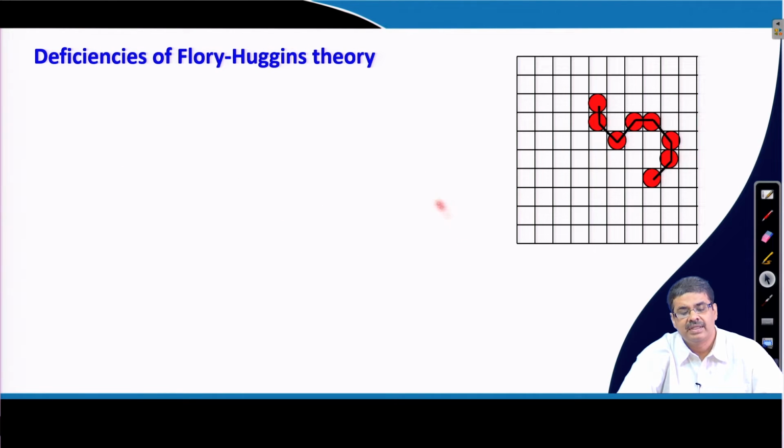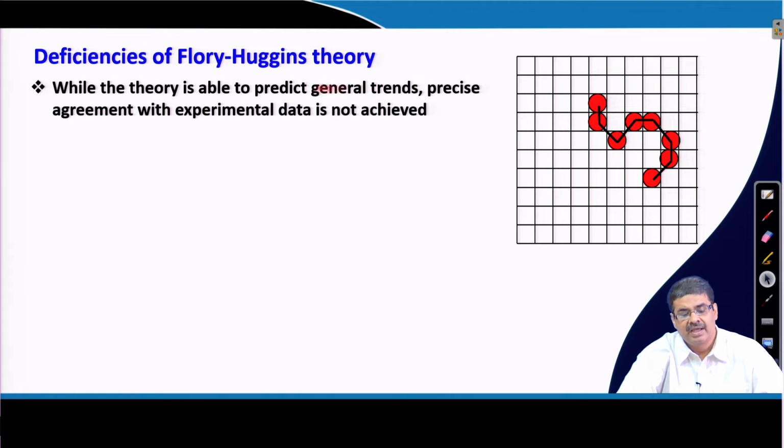Now, there are deficiencies in Flory-Huggins theory. While this theory is able to predict the general trend and several thermodynamic properties can be explained using it, precise agreement with experimental data is not achieved.